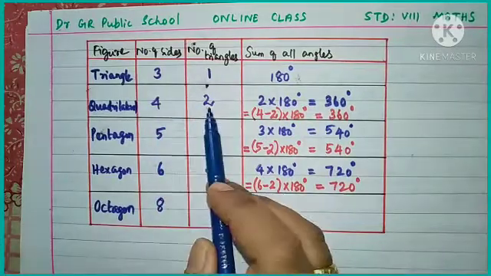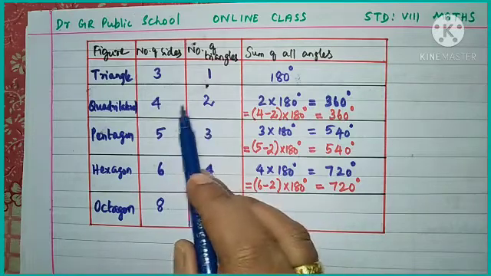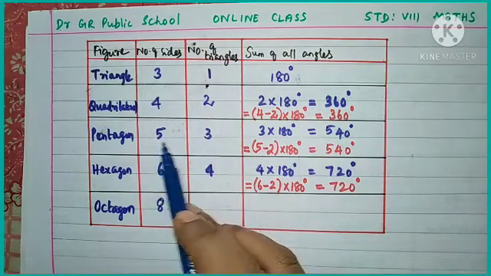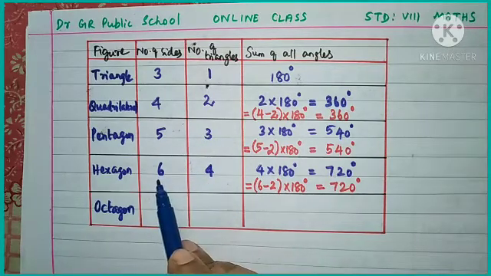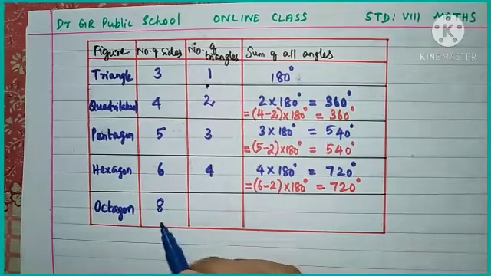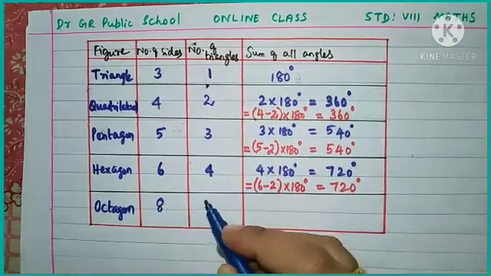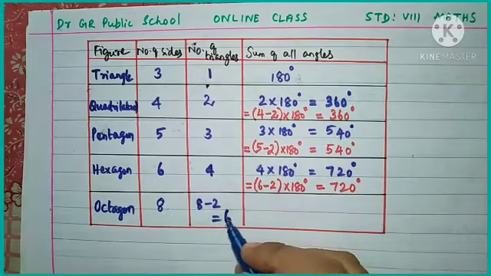Yes, 2 less. Similarly, octagon 8 sides, so the number of triangles formed is 8 minus 2. What is that? 6 triangles.